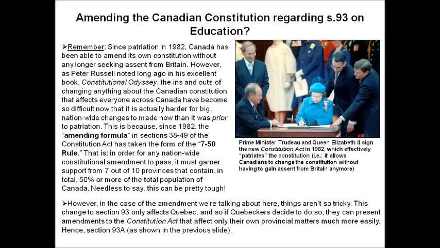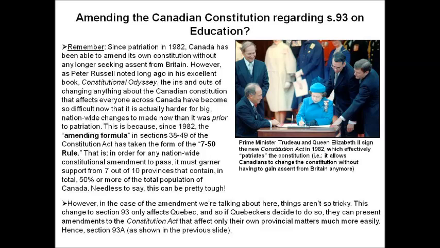However, as Peter Russell noted long ago in his excellent book, Constitutional Odyssey, the ins and outs of changing anything about the Canadian Constitution that affects everyone across Canada have become so difficult now that it's actually harder for big nationwide changes to be made now than it was prior to patriation.